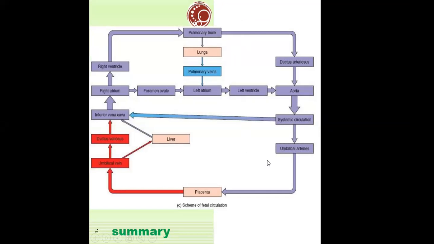Now these are the derivatives which after birth we see in the adult, compared with fetal life in the human body. So what will be in the adult anatomy or the postnatal life, the structure.